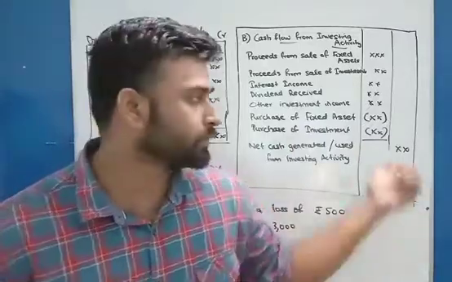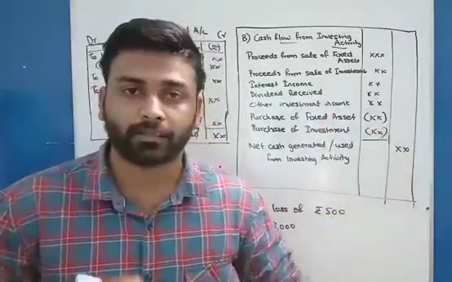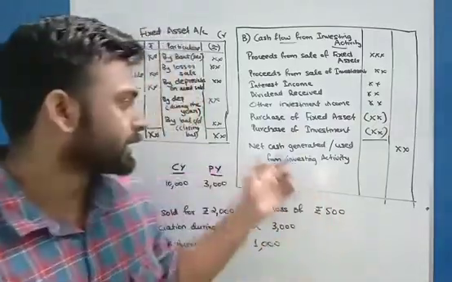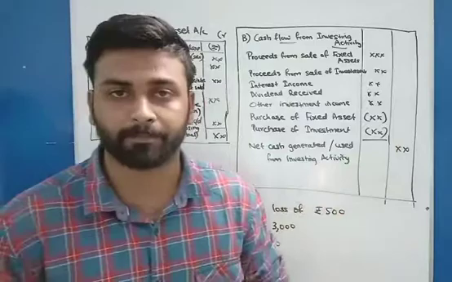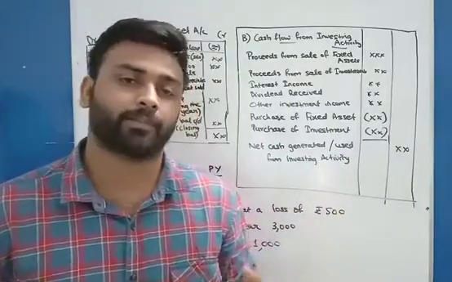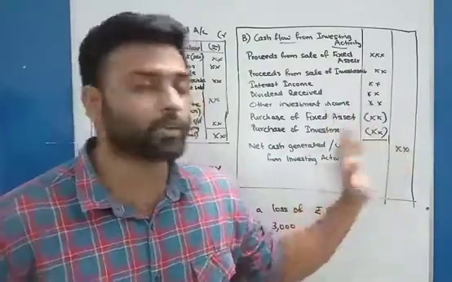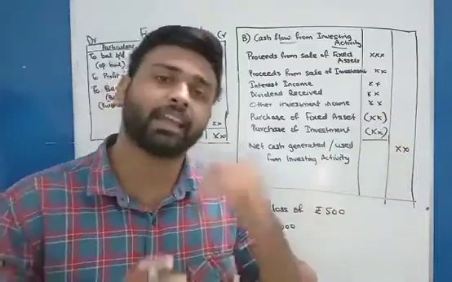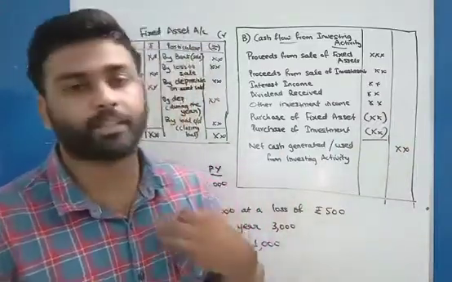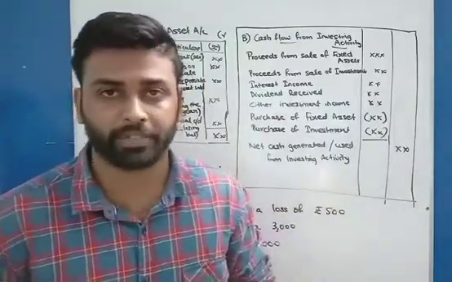So we have to deduct them. Then we get the net cash generated or used in investing activity. If the net amount is positive, it is treated as generated from investing activity, and if it is negative, that means funds were used in investing activity.